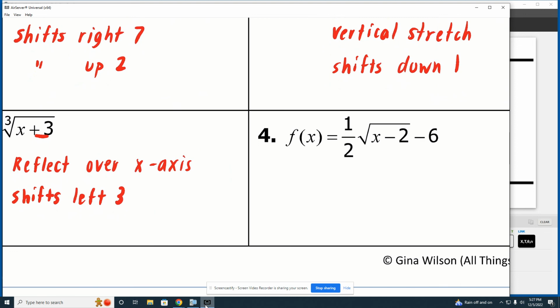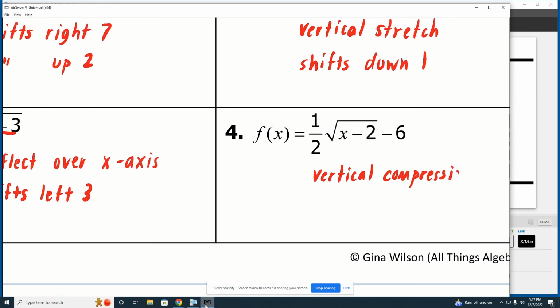No reflection, but that 1/2 is smaller than 1. So that's going to be a vertical, what? A vertical compression. That thing's going to get even flatter. This is a square root graph. It's going to get even flatter. Now right here, that minus 2 inside, that is going to be a horizontal shift. And remember, it's the opposite of what it might look. So it's going to shift right 2.